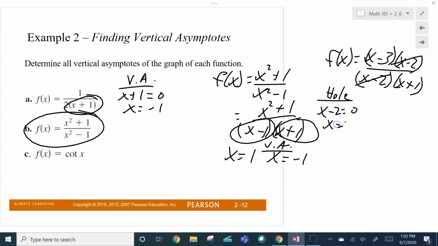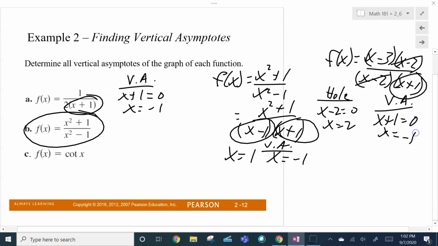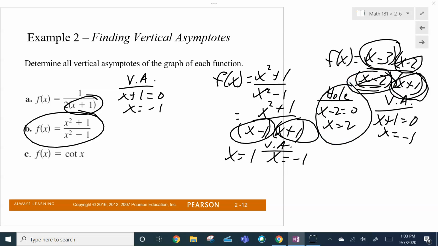So in this case, you have a hole at x equals 2, but you still have the vertical asymptote at x equals -1. Okay, because what it does is it behaves like this, but we know it's still undefined there at 2. It behaves like x minus 3 over x plus 1, but it still is undefined at x equals 2, thus the hole.